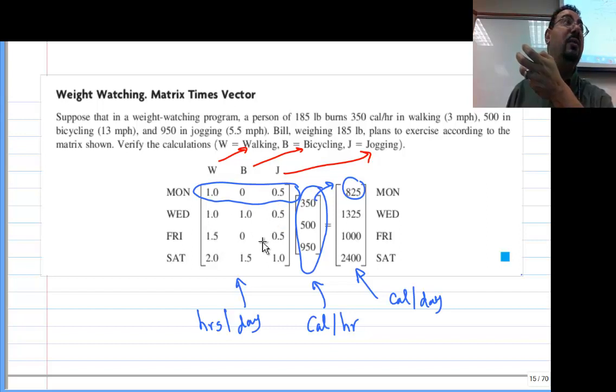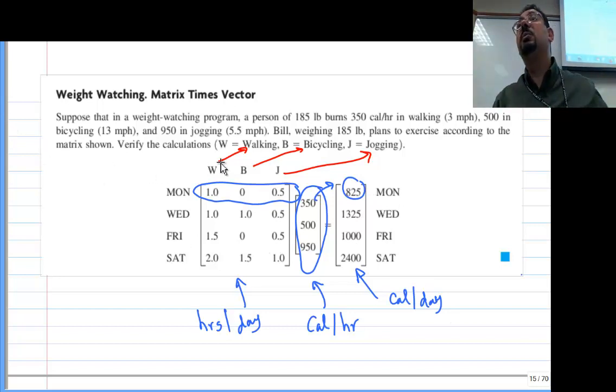This is the number of hours you spend every day on those 3 activities.